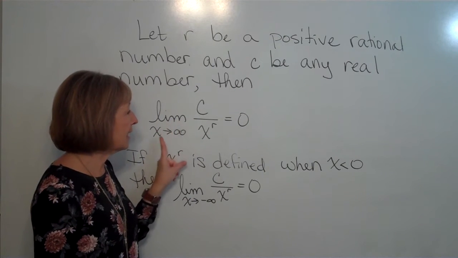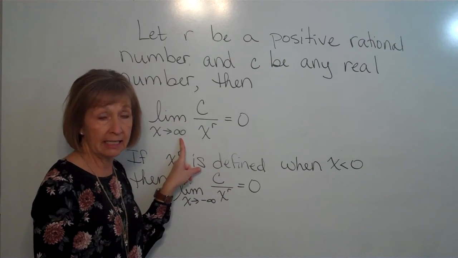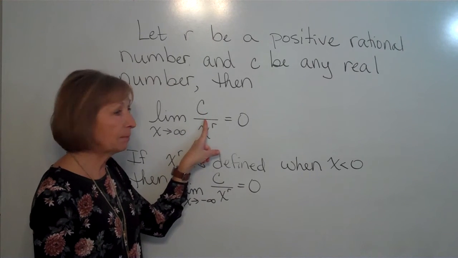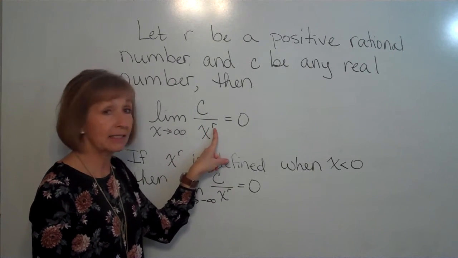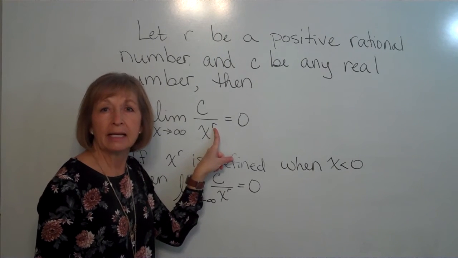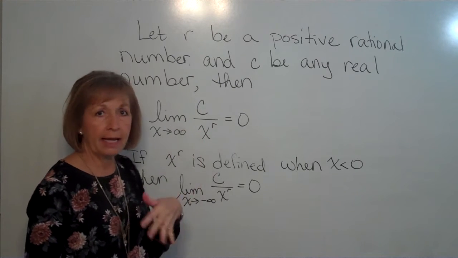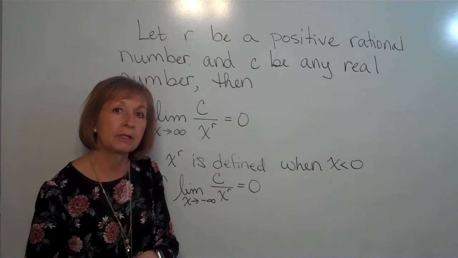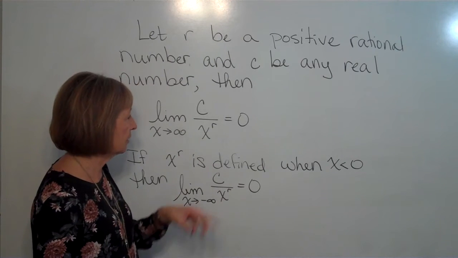Then the limit as x approaches positive infinity of a real number divided by x to a positive rational number. So I have to make sure that I've rewritten it so my exponents are positive in my expression before I try to put this theorem to use.